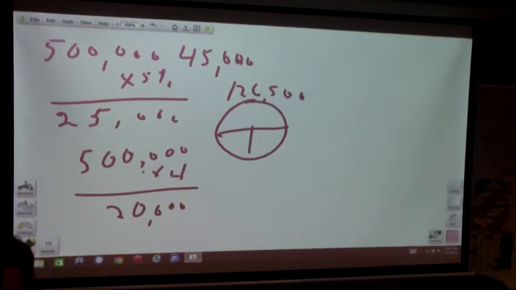So this figure is 55%, isn't it? 45 from 100 is 55%. Top to bottom you divide. This will give us the total commission. 126,500 divided by 55%: $230,000 was the total commission.